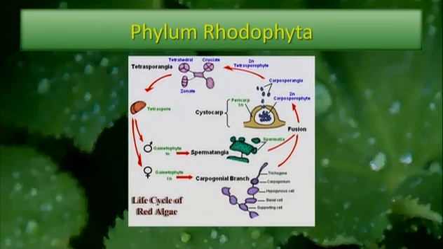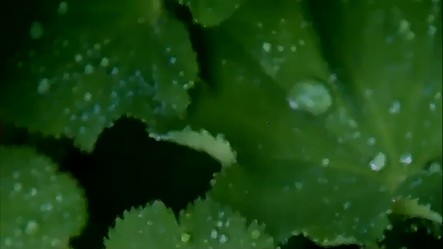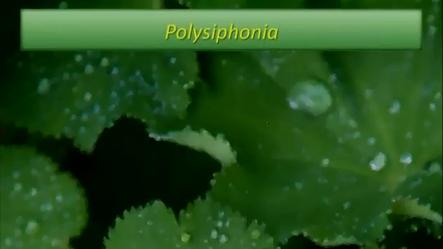The male gametophytes produce spermatangia, the female gametophyte produces carpogonium with trichogyne. We'll talk about this a little later. So what you'll have here is fusion and the production of diploid carposporophytes and carposporangia, which go into tetrasporophytes, and the life cycle continues.